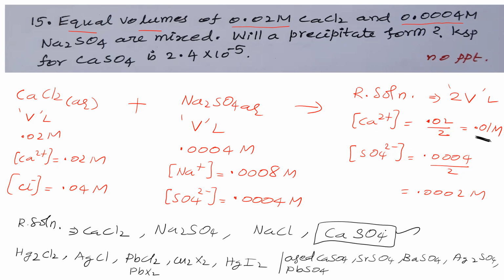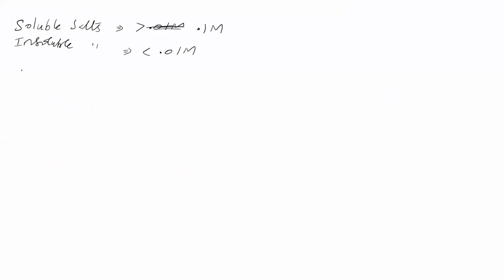Sir, how do we know whether calcium sulfate will precipitate or not? For that, we have to take the ionic product and the solubility product of calcium sulfate and see the relation.